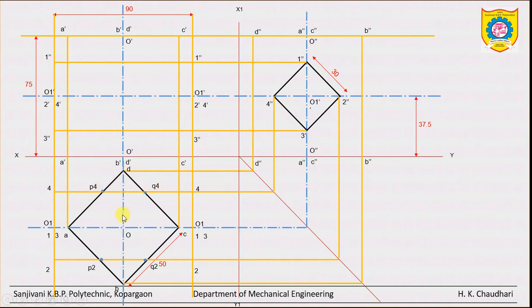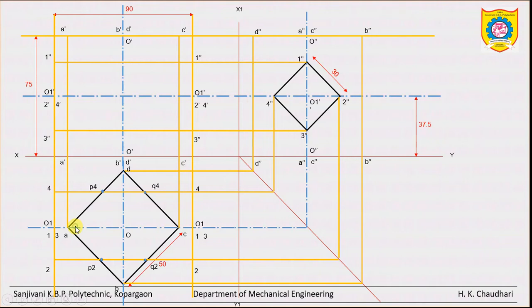For this, for left labels use the letter P, and for right labels the letter Q, and the respective projection. Clear? Now P1 and P3 or Q1 and Q3 will be exactly on this A and C. So instead of taking this directly, we will get the points.